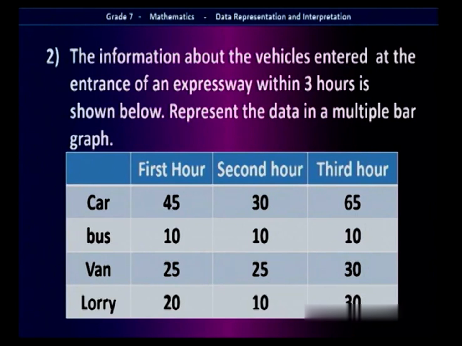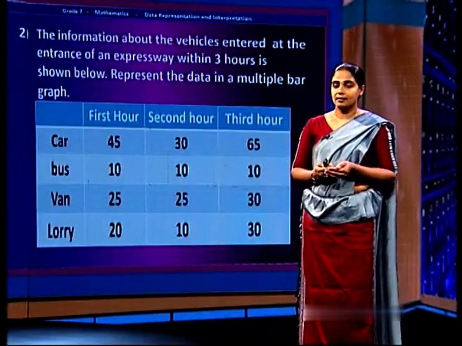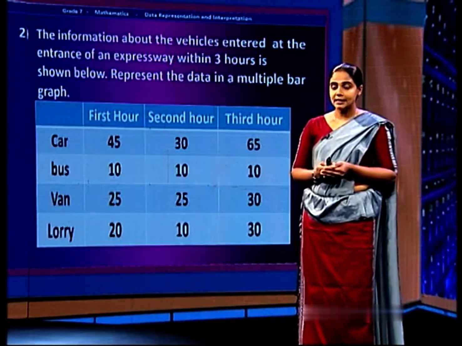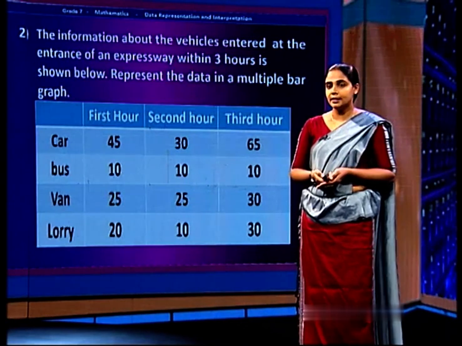Now we should draw a multiple bar graph. Think how many bars have to be drawn for the category, the type of vehicle, car. Then it should be 3. Then you should arrange a key. Let's see how to do it.